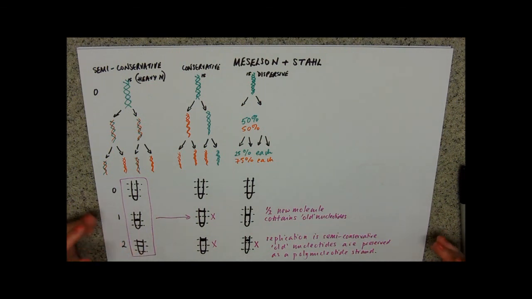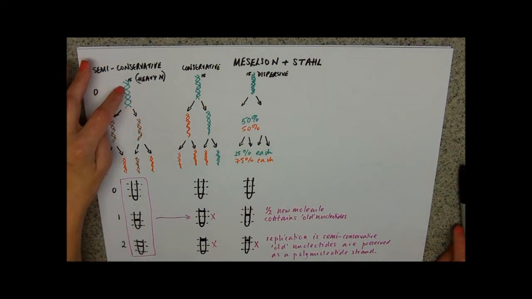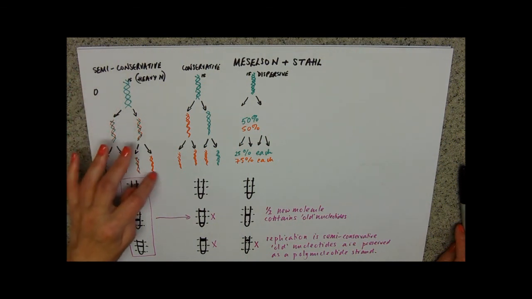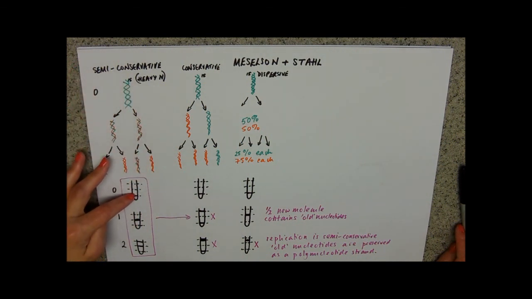Now, in an exam, you need to be able to define semi-conservative replication. You need to know how it works. You need to be able to sketch this kind of diagram and place the lines on the tube.